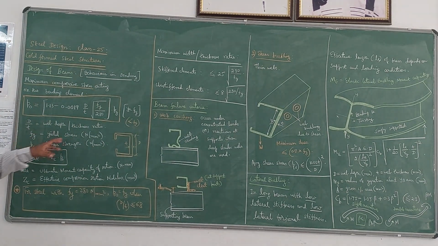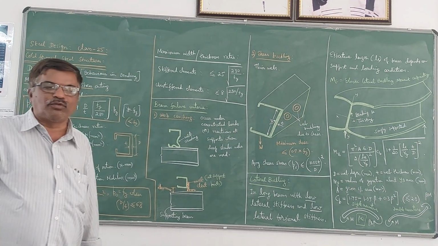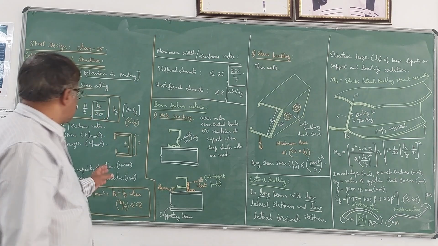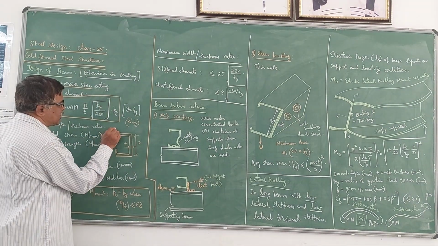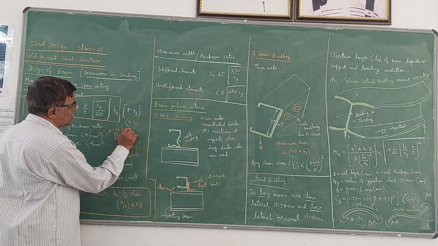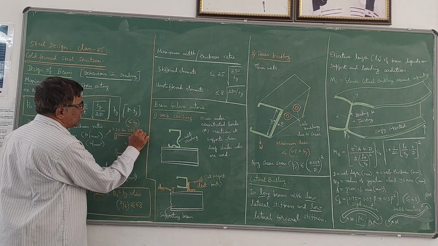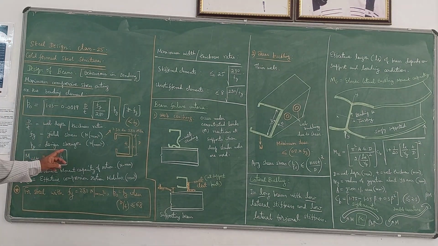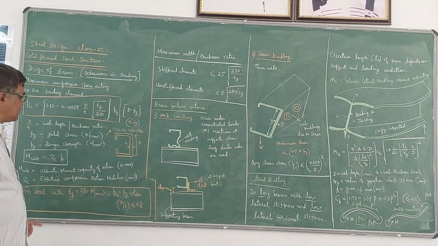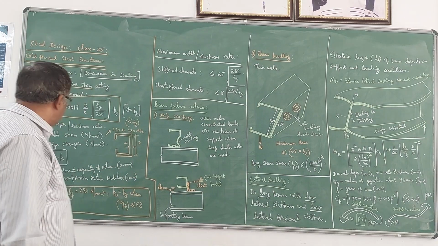Then fy is the yield stress value. In cold formed steel sections, the fy value varies from 230 to 280 Newton per millimeter square or MPa. And Py is called the design strength, which is also expressed in MPa.